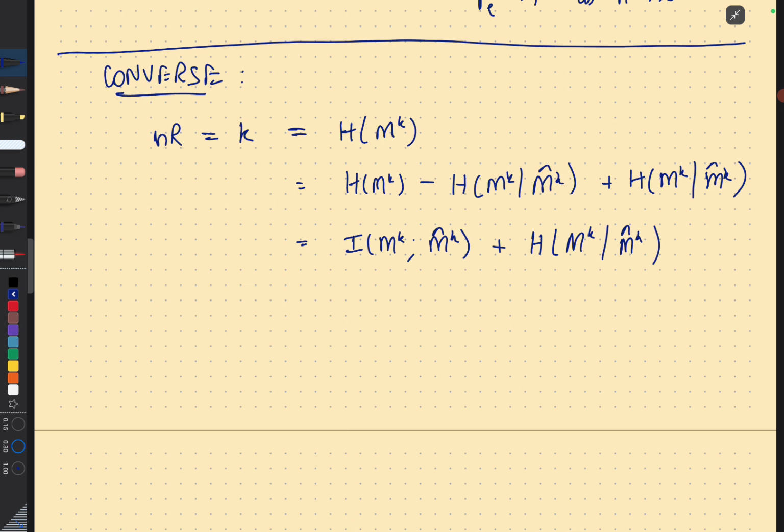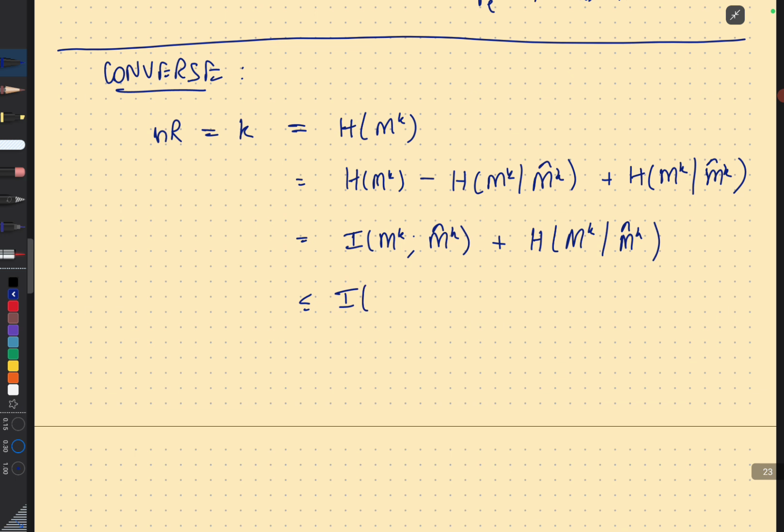Now I can use Fano's inequality. What does Fano's inequality say?